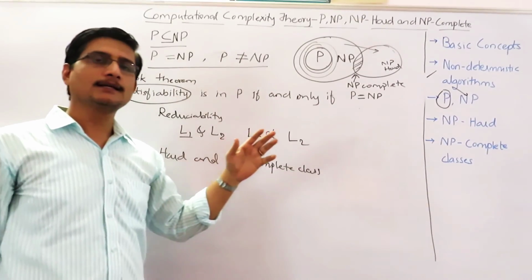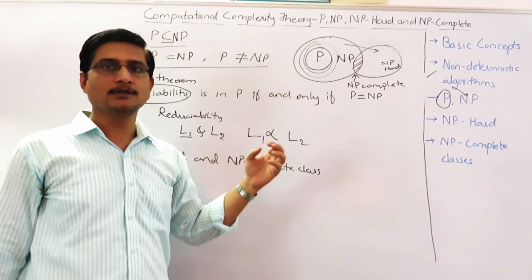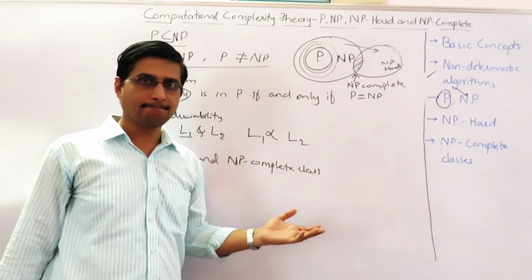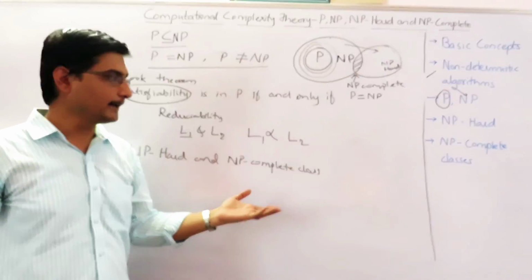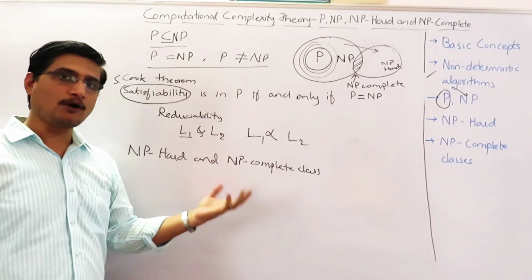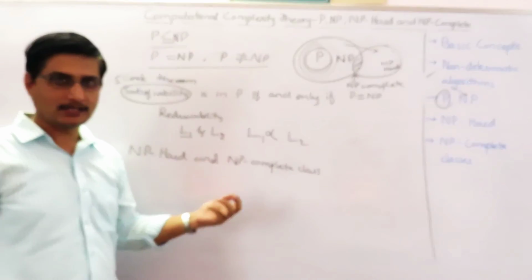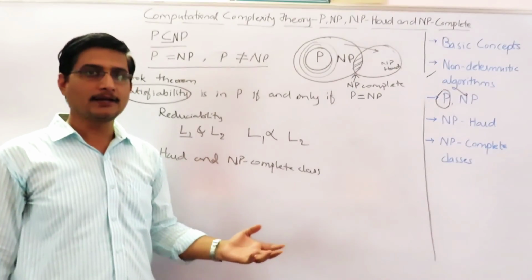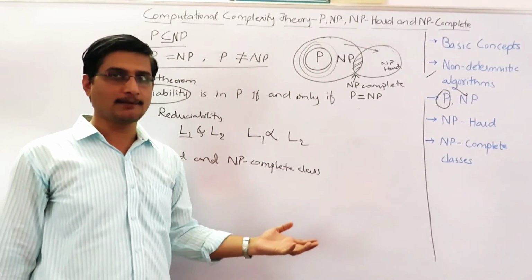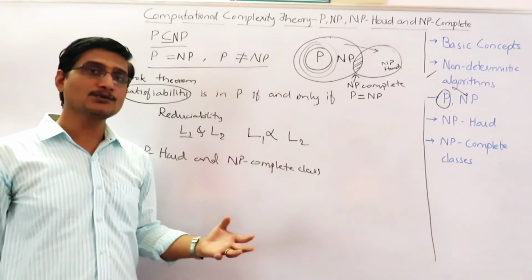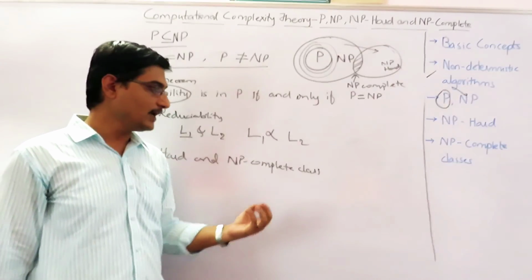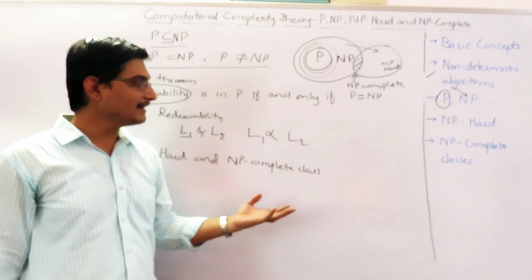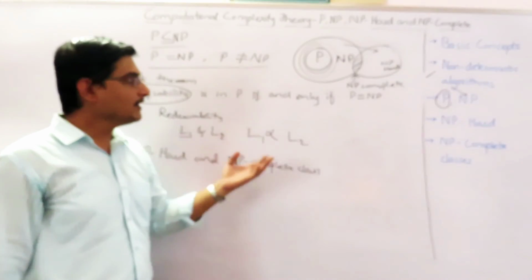Say Hamiltonian circuit, traveling salesman problem, knapsack problem. They were unsolved problems once upon a day. But now we are able to solve them, but not by a deterministic algorithm. We cannot say that every instance will take this amount of time. Different instances will take different amounts of time, and as there is a small change in the input size, it takes exponential time.